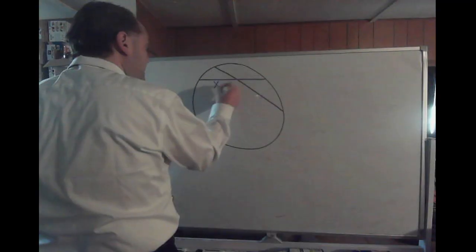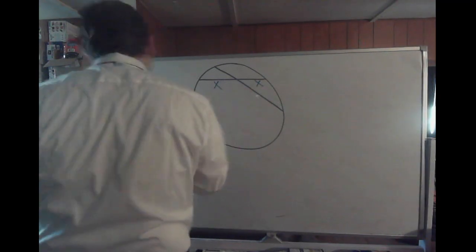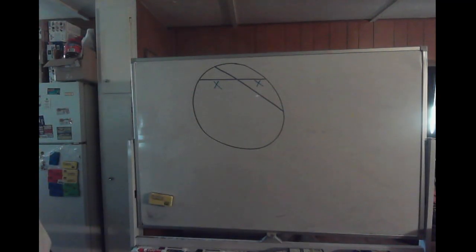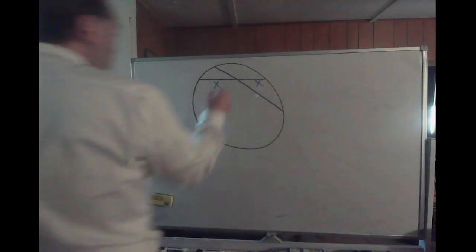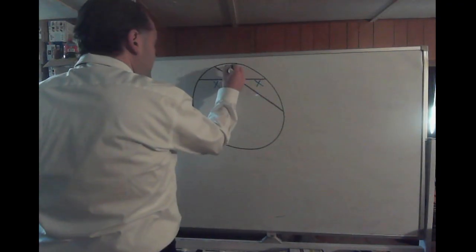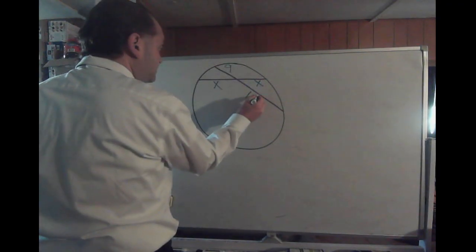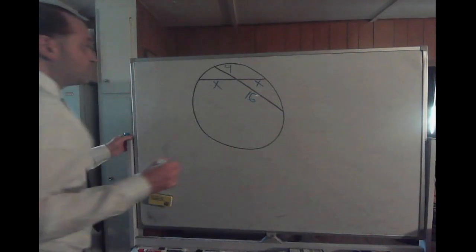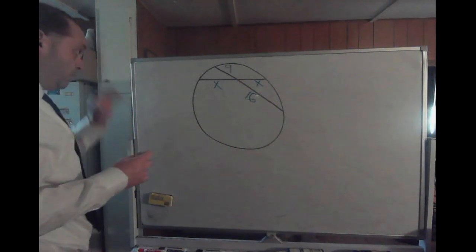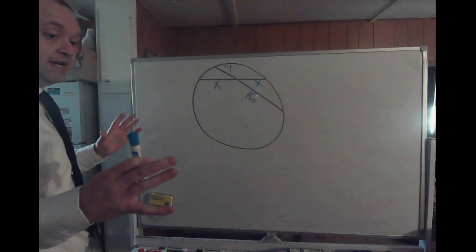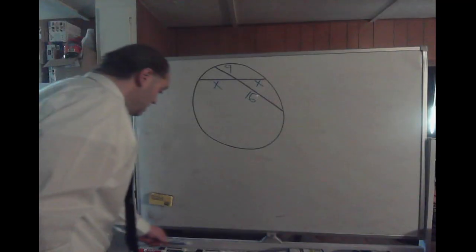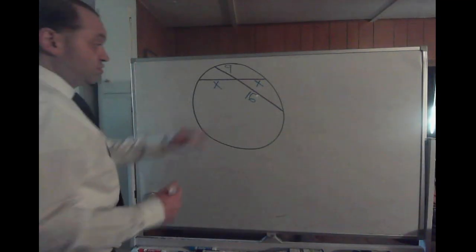What do you have here? X and X. You have 9 and 16. Okay, so we want to solve for the length of X again. So these are just two chords intersecting.